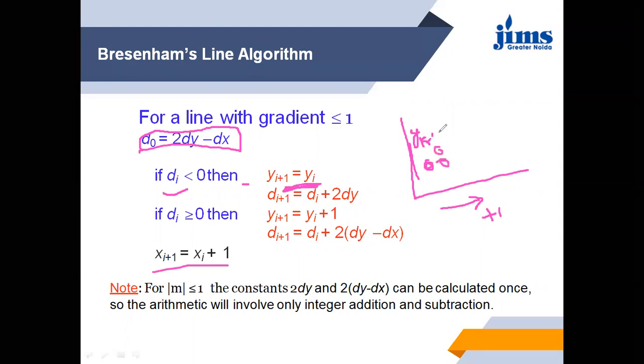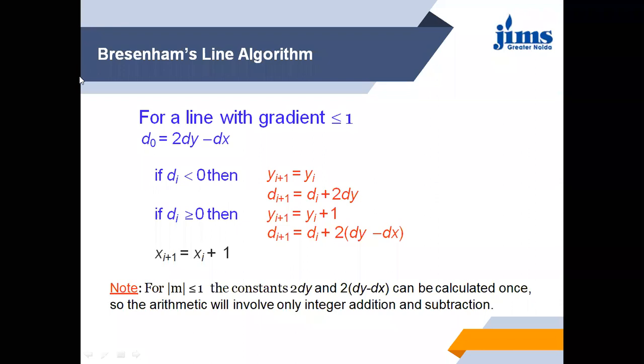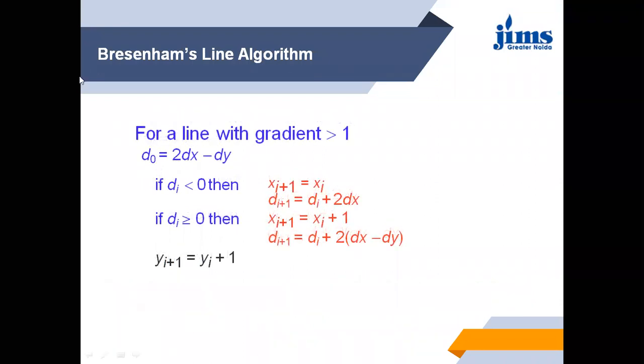So it can be either yk or yk plus 1, and we have to decide which pixel to select. When di is less than 0, the next pixel is yi, and when it is greater than 0, the next pixel is yi plus 1.